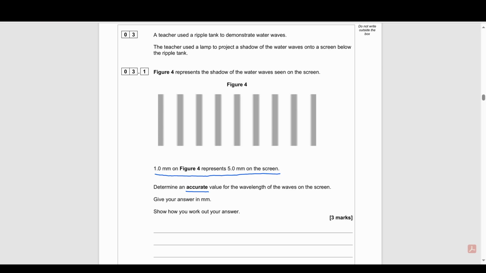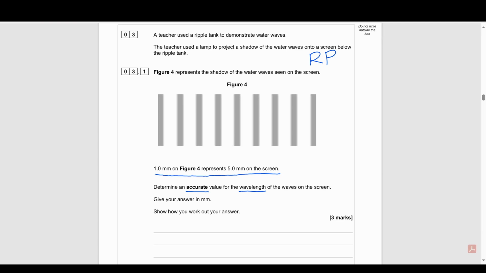Well, we're trying to find out the wavelength. This actually is also a question related to your required practical for waves, speed of waves. So remember that the wavelength is the distance between two peaks on a wave.